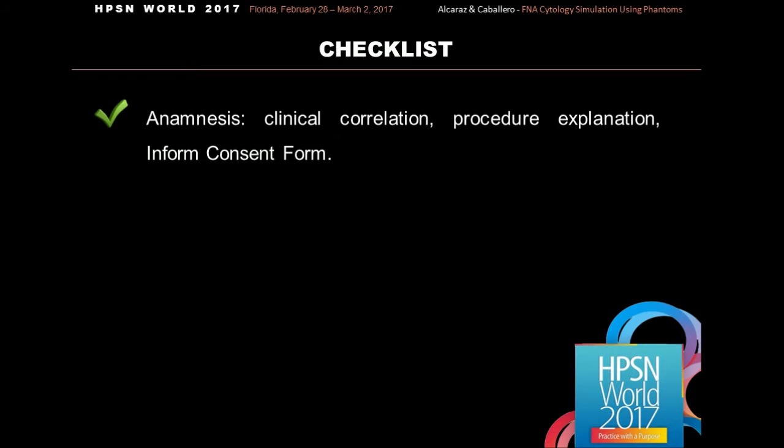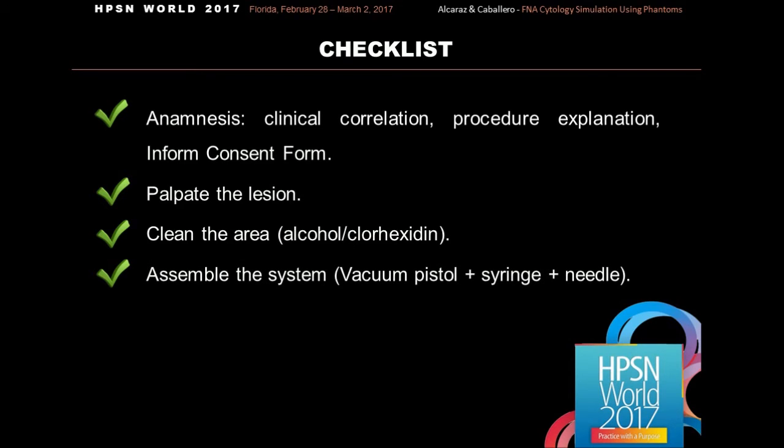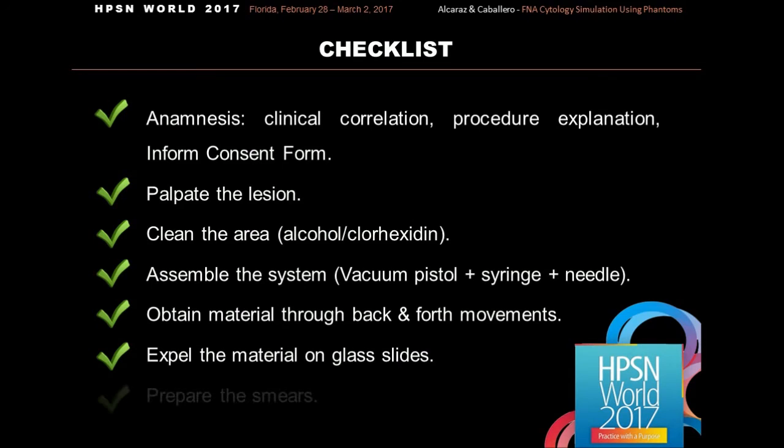After that, the student has to palpate the lesion, clean the area for the skin preparation with alcohol or chlorhexidine, assemble the system, the syringe, the vacuum pistol and the needle, needle the lesion and obtain a sample, and then they have to spill the material on glass slides and prepare the smears.